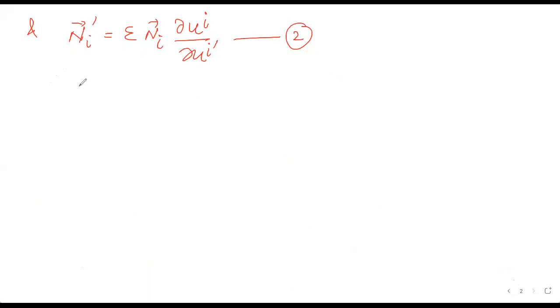So if I want to find b_i'j', therefore your b_i'j', b_ij, क्या है b_ij? Coefficients of second fundamental form. तो इसका फॉर्मूला क्या था? What is b_ij? Minus n_i dot r_j. क्यों भाई?